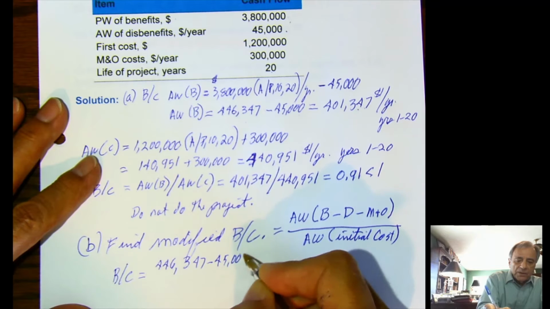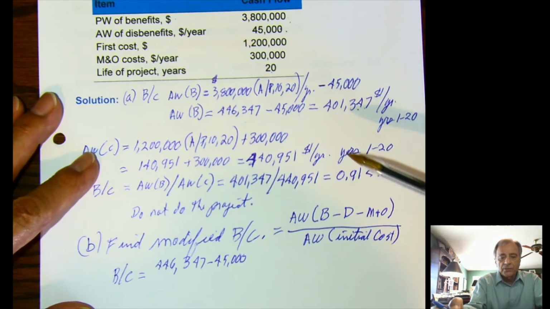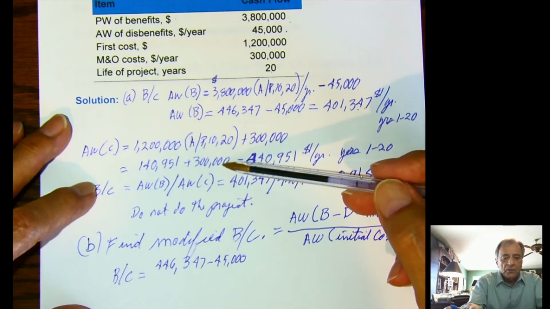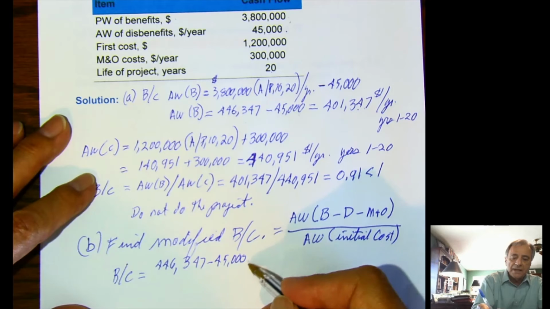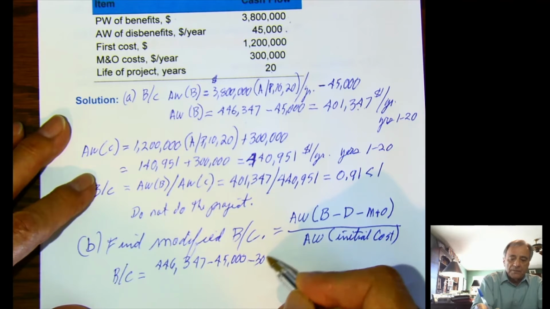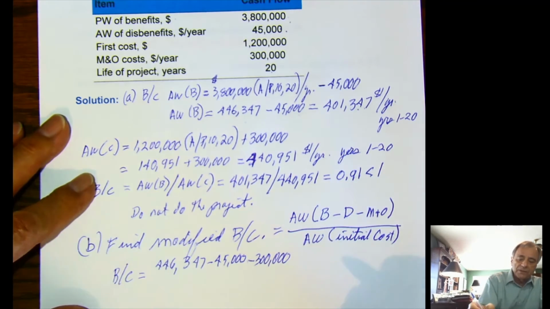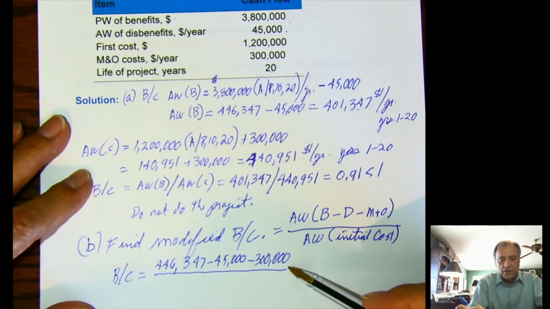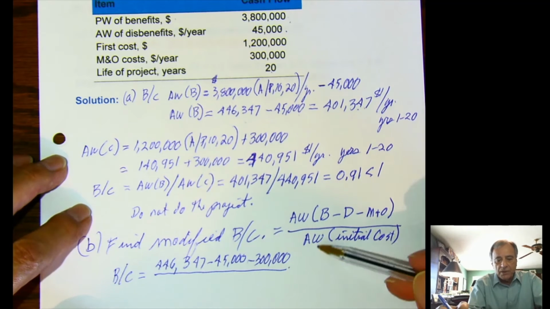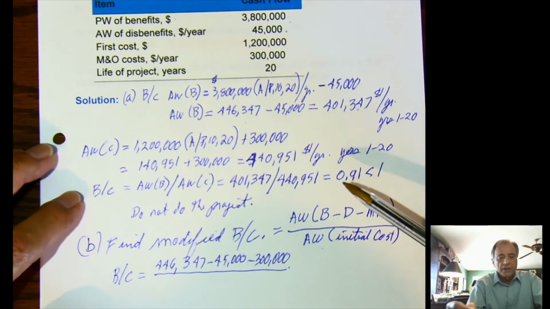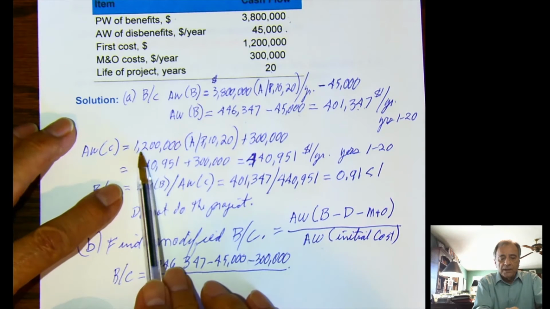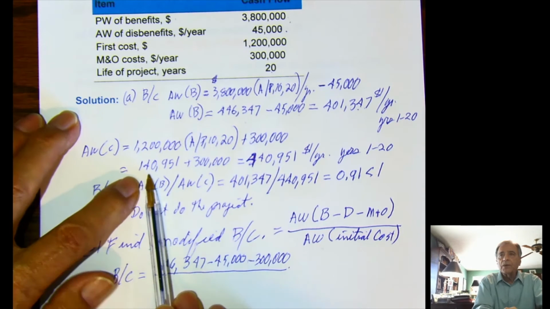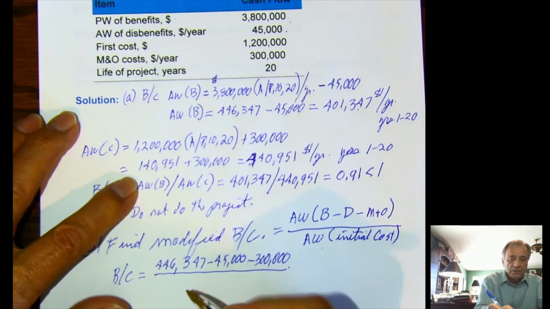And now we're going to take this 300,000 that was in the denominator here, and move it up to the numerator as a negative benefit. That M&O cost, minus 300,000, then we'll just divide this by the initial cost. Well, the initial cost spread over the 20 years turned out to be 1.2 million A given P, 10% for 20 years, which was 140,951.